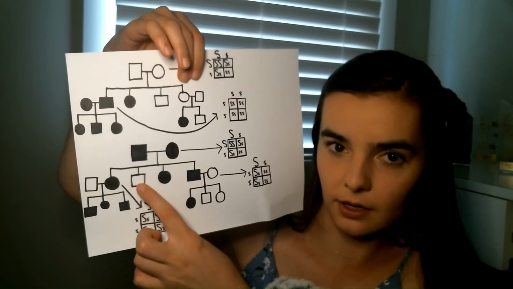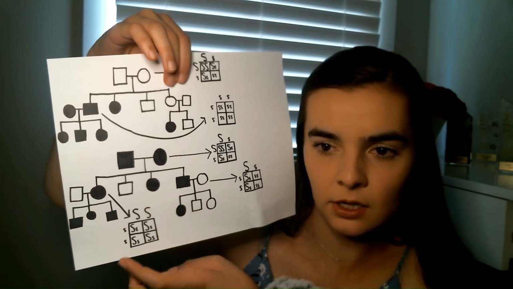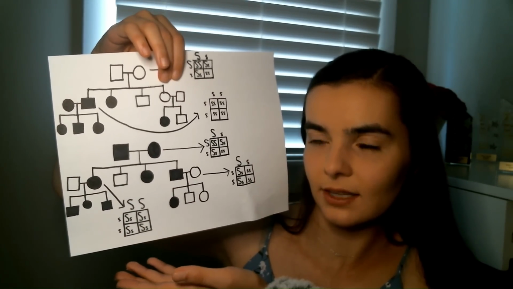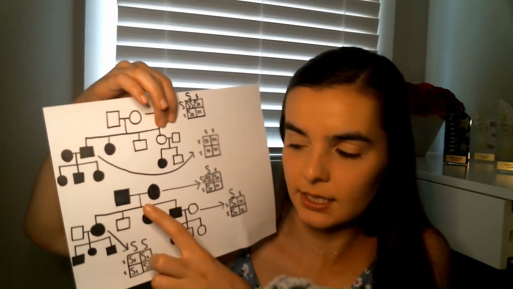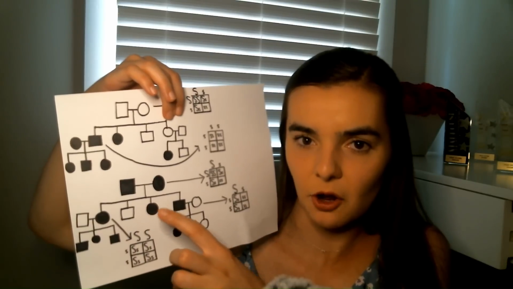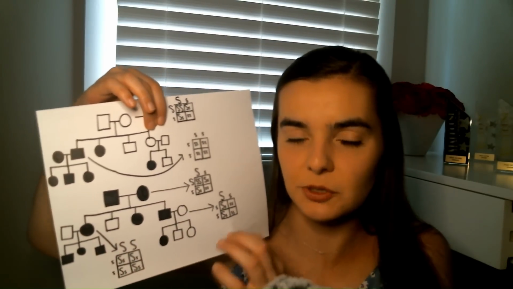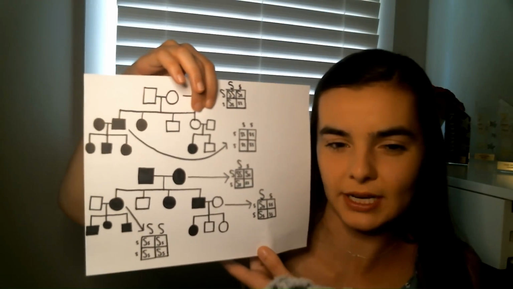This child of theirs is unaffected, which means if it was recessive, then 2 affected parents could only ever have affected children. But if they are both heterozygous, they can have a child that's homozygous recessive, which means they wouldn't have that trait.